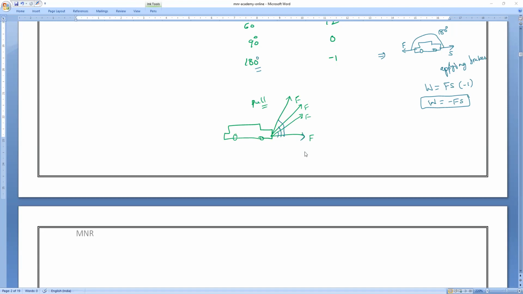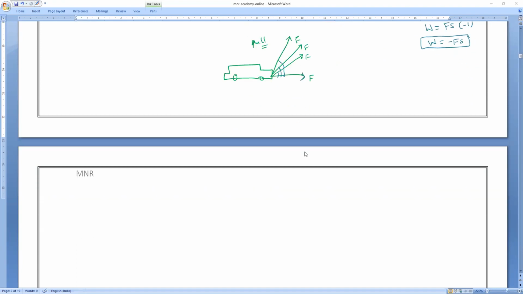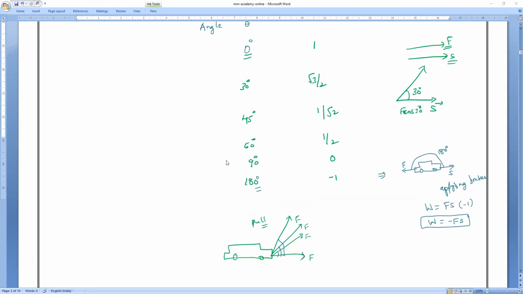You can write that, nothing wrong with it. Cos 0 is 1, which means you are applying the force horizontally.